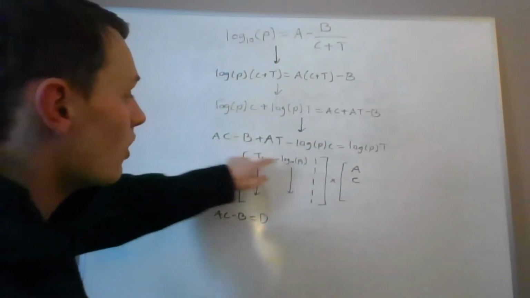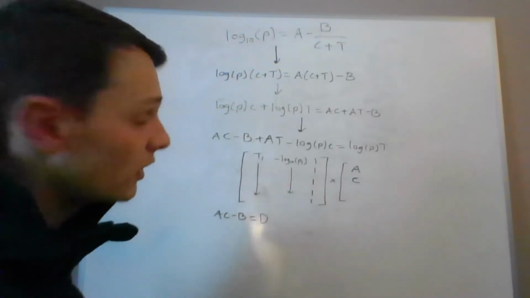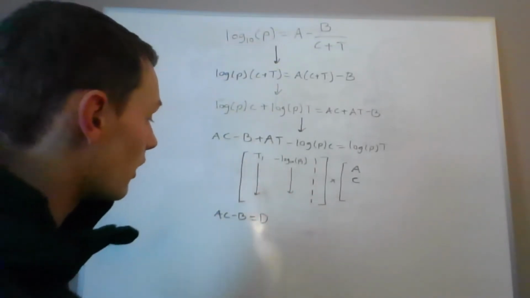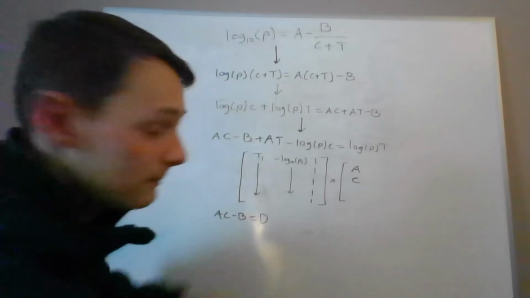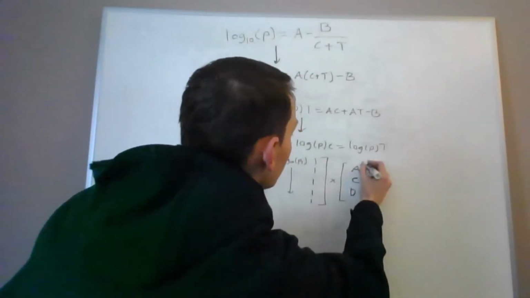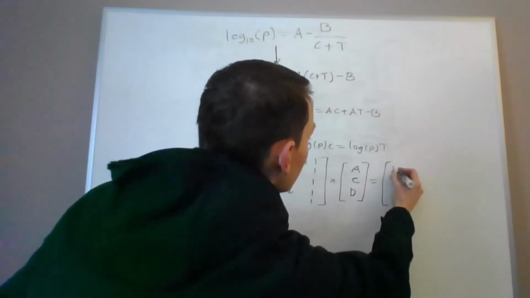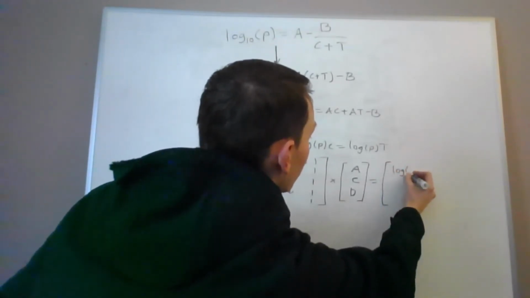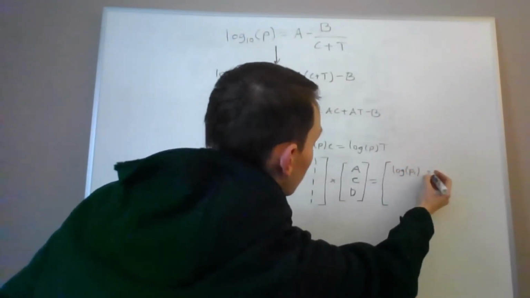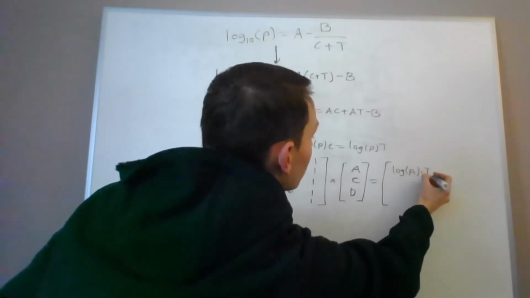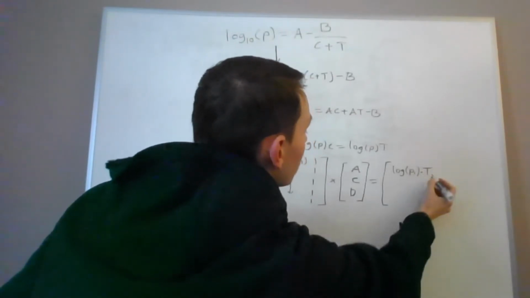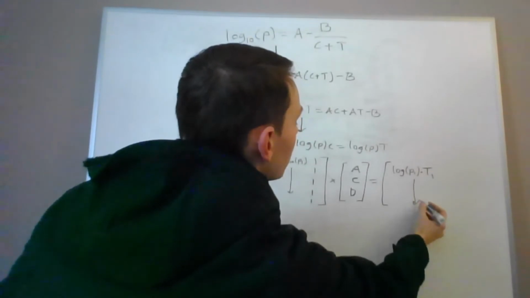And then our column of ones is the third column, so our third row, our coefficient, we'll use D. And then this is all going to be equal to a column matrix of known values of the log of P1, log base 10 times our first temperature value all the way down.